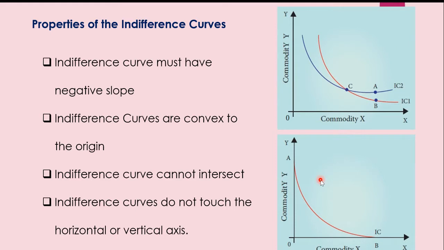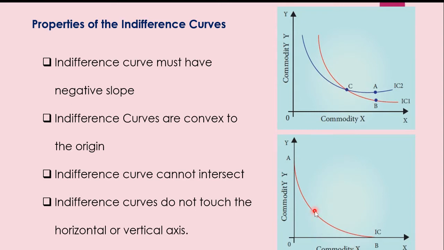The last one, indifference curves do not touch the horizontal or vertical axis. This is the horizontal axis or the vertical axis. If it touches the axis like that, it means that the consumer is buying only one product.